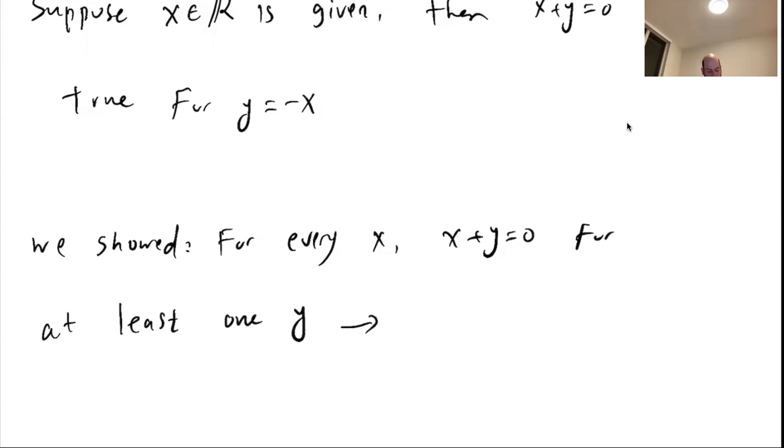So for every x, there exists y such that x plus y equals 0, and this is true.